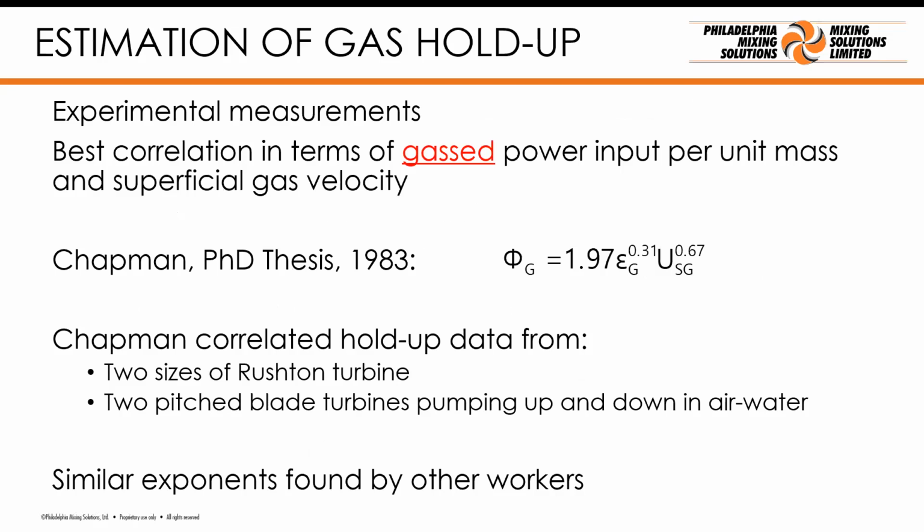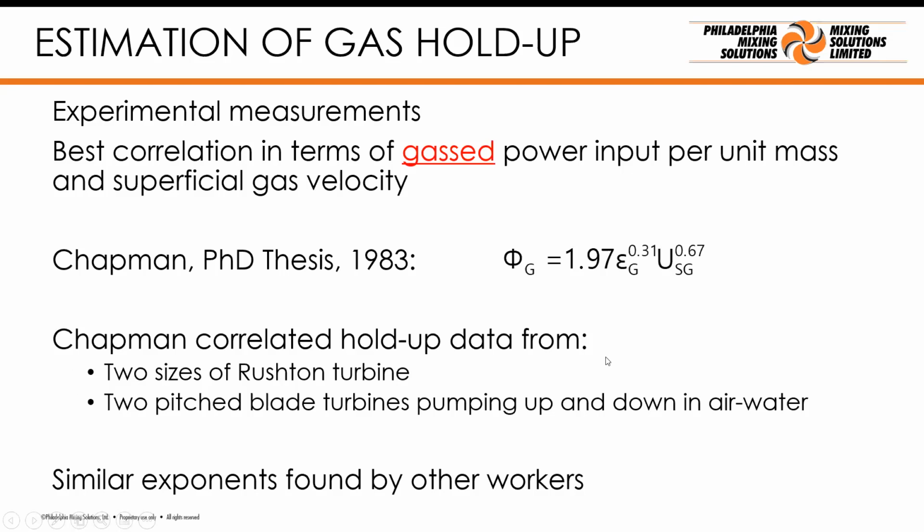Lots of work has been done on this, and I'm citing a paper from a PhD thesis from 1983. Everybody who does work in this area ends up with a relationship that looks like this, with the gas power input per unit mass by the impeller and the superficial gas velocity.